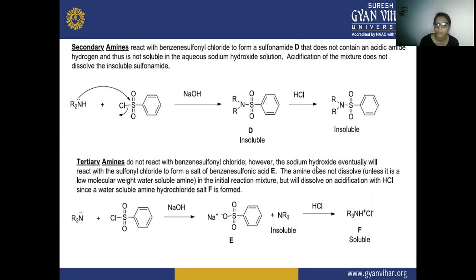However, the sodium hydroxide eventually will react with sulfonyl chloride, and there is a formation of a salt, that is your benzene sulfonic acid, that is your E. The amine does not dissolve unless it is a low molecular weight, water soluble amine. The initial reaction mixture will dissolve on acidification with HCl, since a water soluble amine hydrochloride salt F is formed.